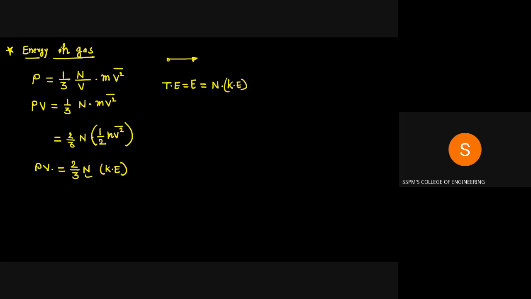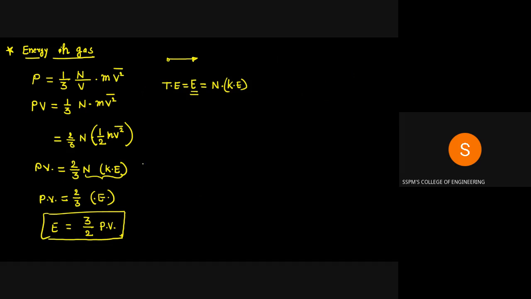This N into kinetic energy we can directly write as the total energy E. So this is equal to 2 by 3 E, which is equal to PV. And from this we get the equation for the total energy associated with the gas: E is equal to 3 by 2 into P into V. So this is the basic equation for the energy in the gas.